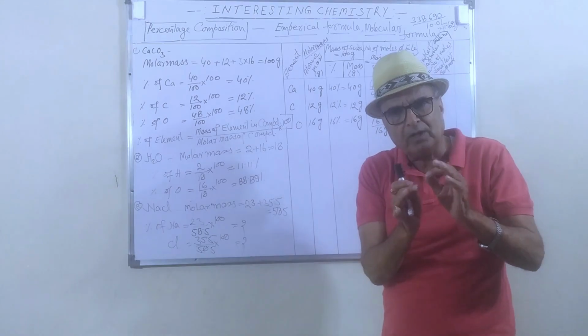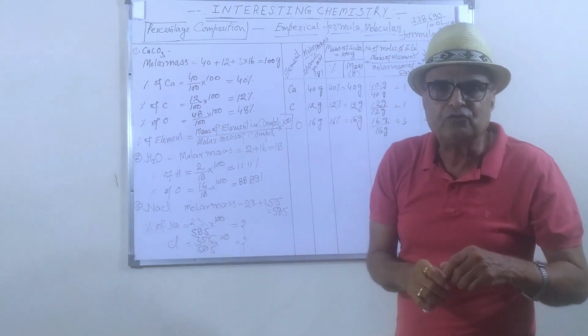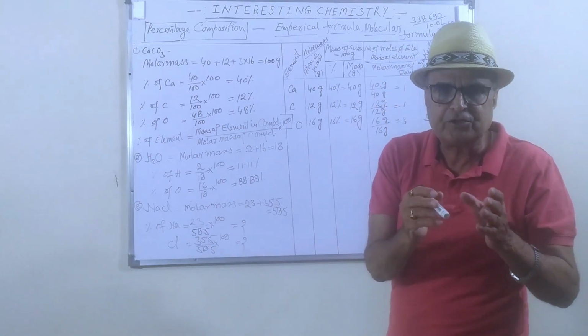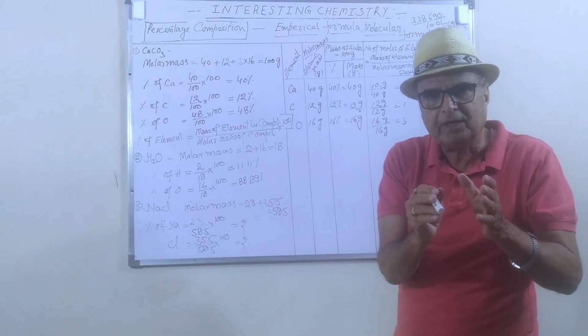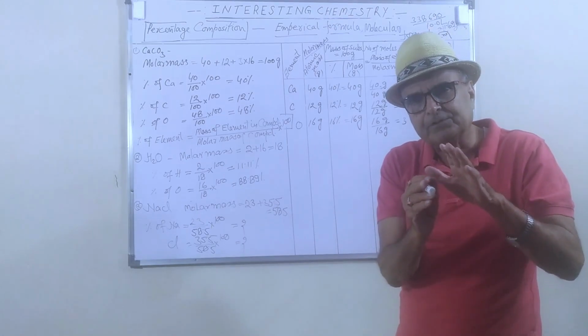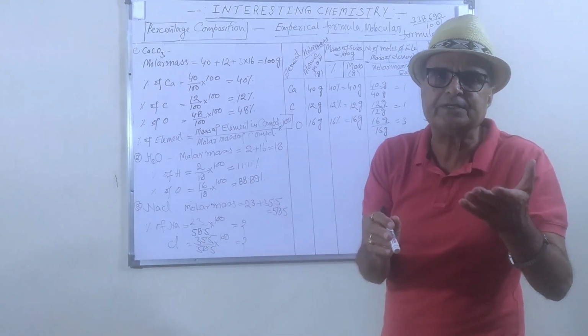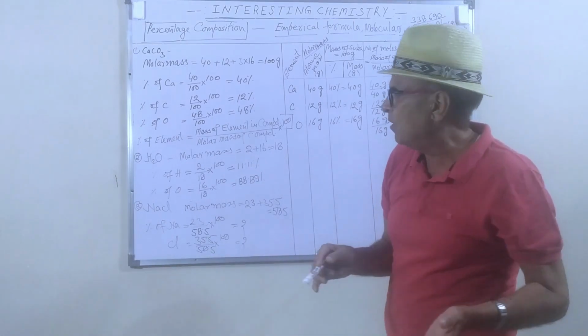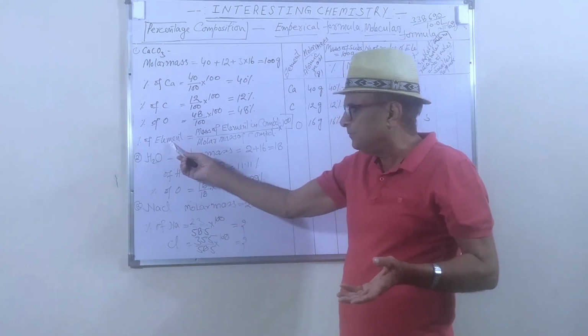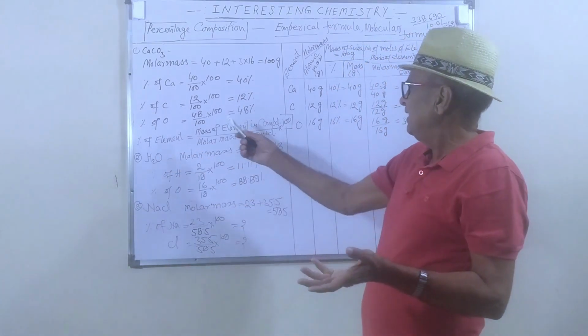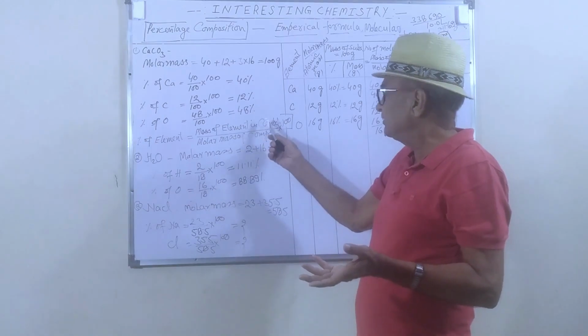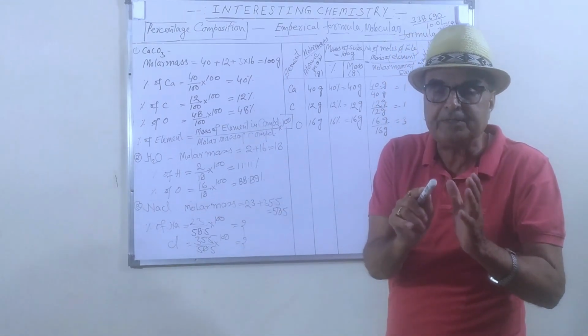So first of all I want to tell you the formula with the help of which you can get the percentage of the various elements present in the compound. The percentage of element is equal to the mass of element in compound upon the molar mass of the compound, multiplied with 100.